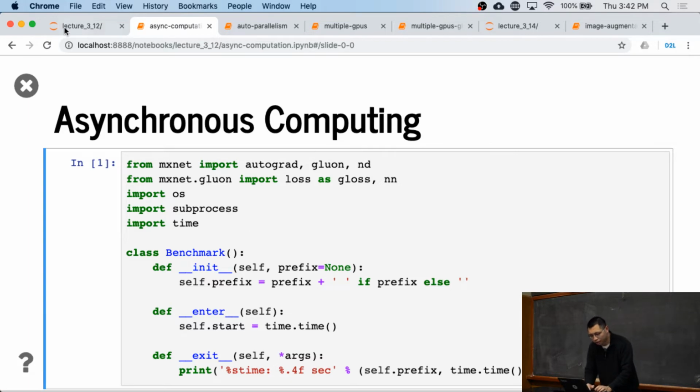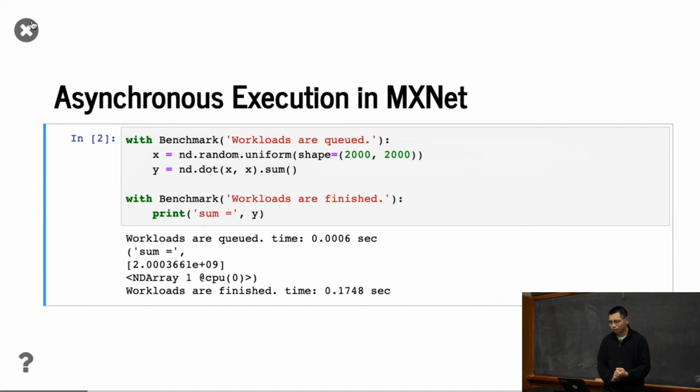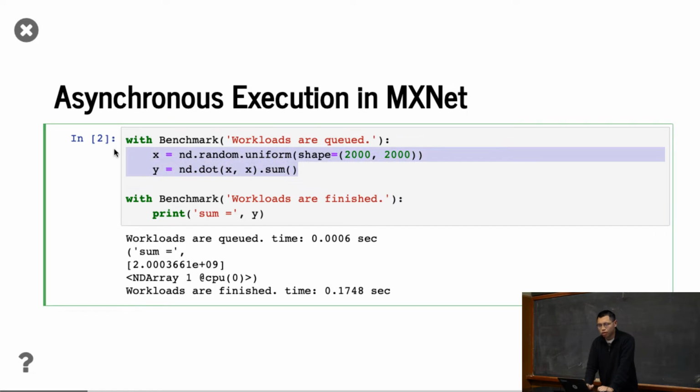Again, we first define the benchmark function, which we will not dive into; we showed it in the last lecture. If we put the source code within the benchmark function scope, we benchmark the runtime. What do we do here?